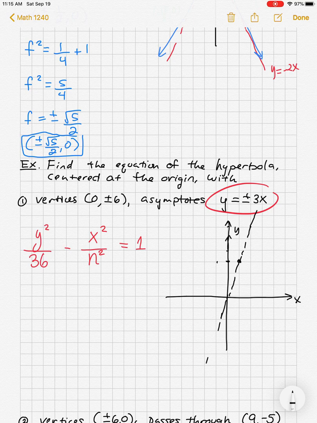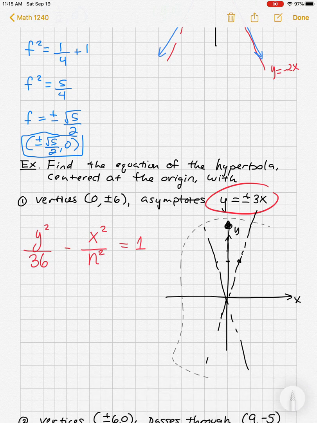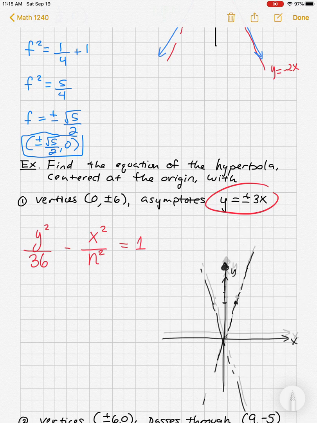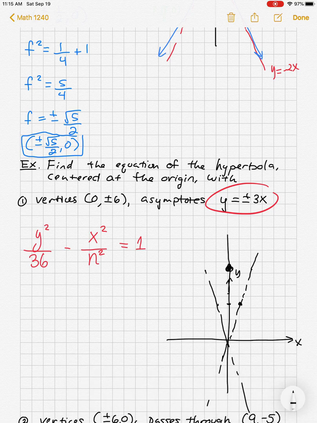And then of course the same thing on the other side. And then the vertices are at 6. 1, 2, 3, 4, 5, way up here. I needed more room. I'm just trying to get a basic idea. It's going to look something like this.